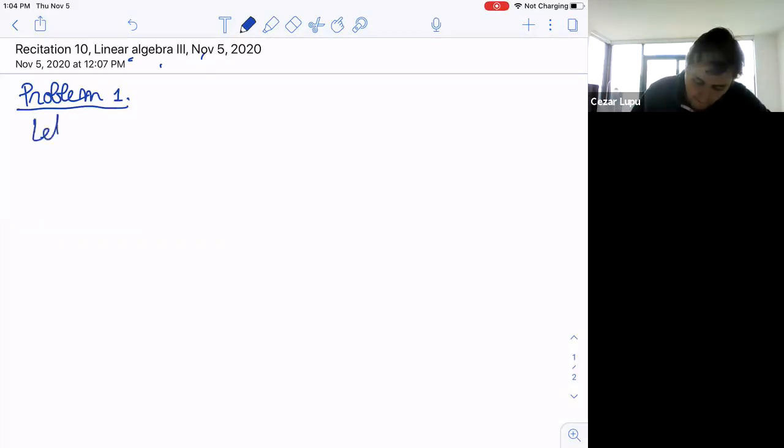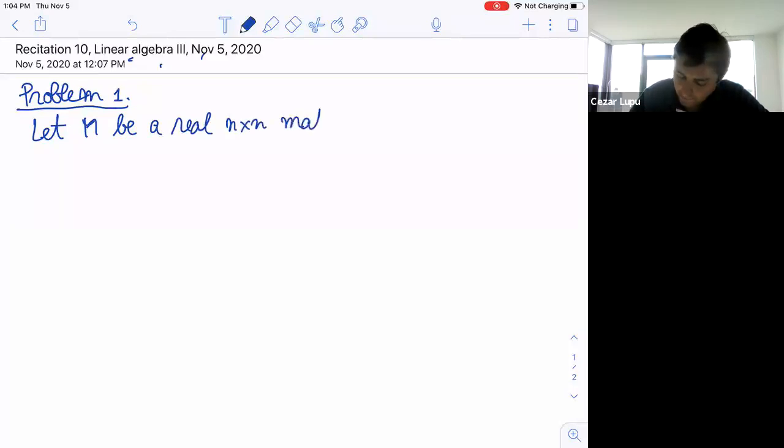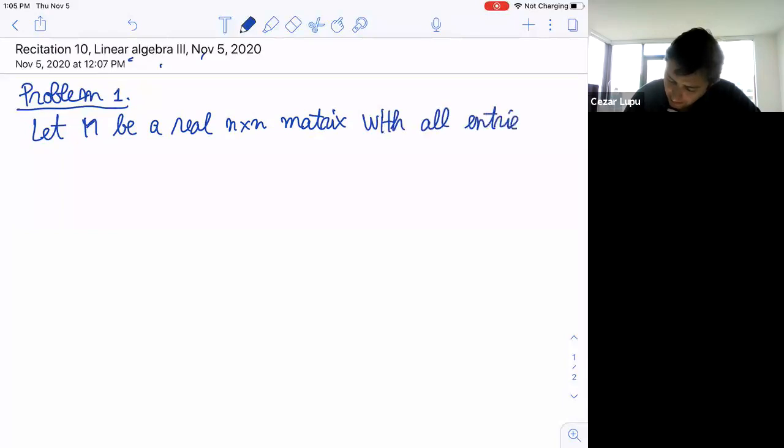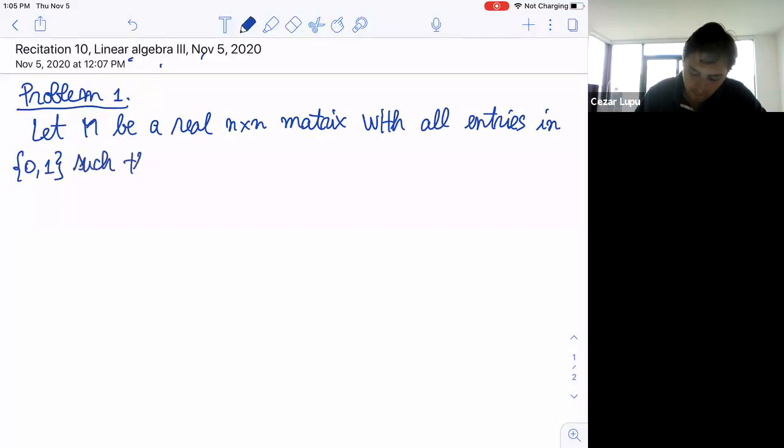So let M be a real n by n matrix with all entries in the set {0, 1}, such that all eigenvalues are positive.